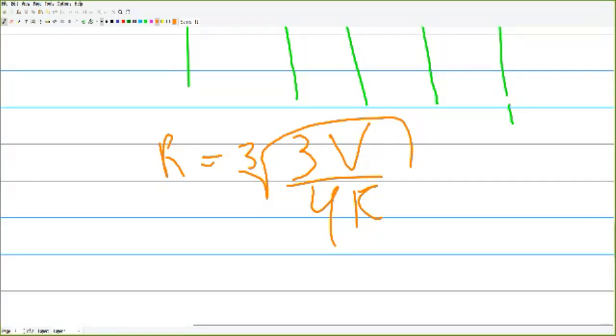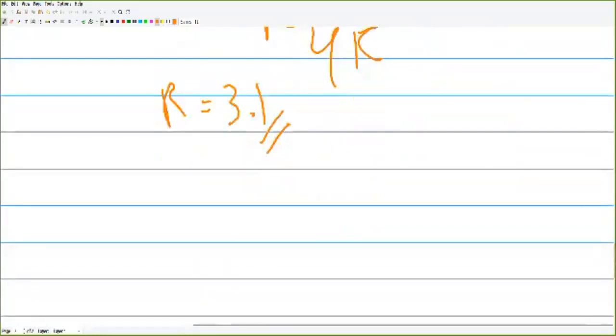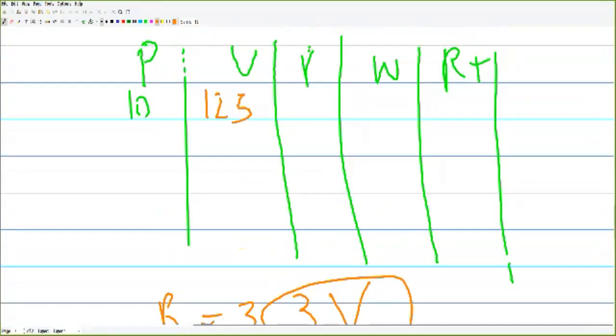So our R is 3.1. Wall thickness is around 1 centimeter. And our total will be 3.1 plus 1, 4.1.